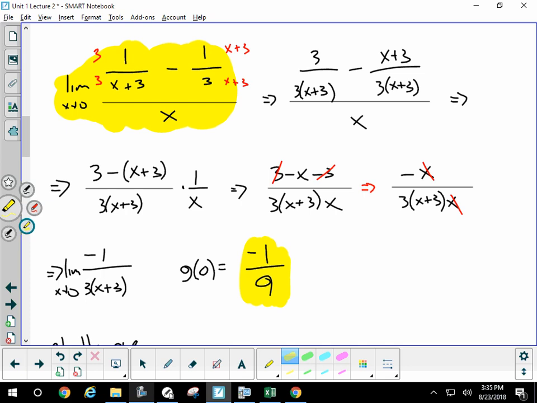Classic algebra error of not distributing the negative to both the x and the 3. So it should be 3 minus x minus 3. Yep. Now you combine these, the denominators stay the same, 3 minus this entire thing in the numerator.